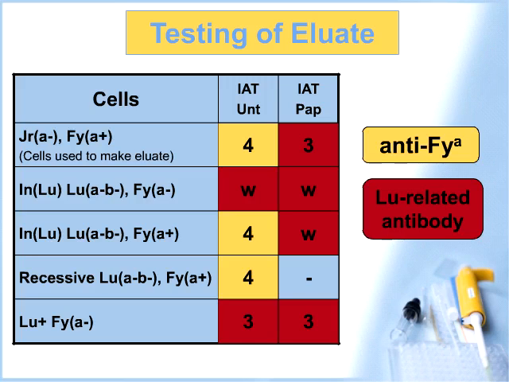The recessive Lutheran A neg, B neg is the key test here, because we have a negative result in papain, and this indicates that we are dealing with a Lutheran specificity, and we've had to rely on the papain test to prove that. And then the bottom cell, the Lutheran pos Duffy neg, is just showing how the Lutheran antibody is reacting.